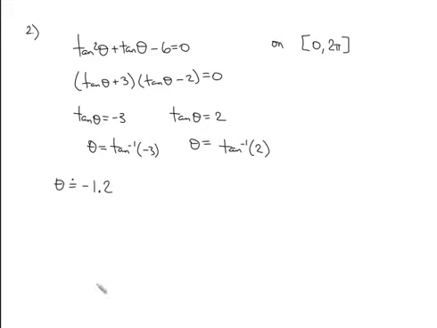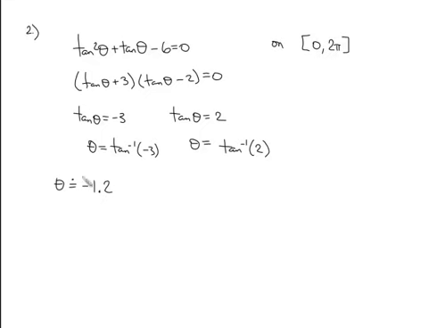There's only one problem here, though, guys, and that problem is that negative 1.2 is not between 0 and 2 pi. 0 is 0. 2 pi is about 6.28, right? 2 times 3.14159. Negative 1.2 position-wise is just fine on the circle, but numerically it's not between these two values.